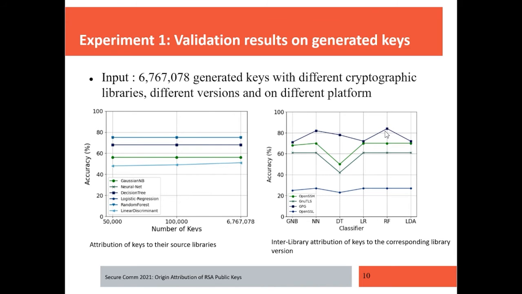So for GPG keys, we can attribute 85% of keys to their origin library version. For OpenSSH, we can do this with around 70% accuracy. And for the other libraries, we have smaller accuracy for attributing keys to their origin library version.